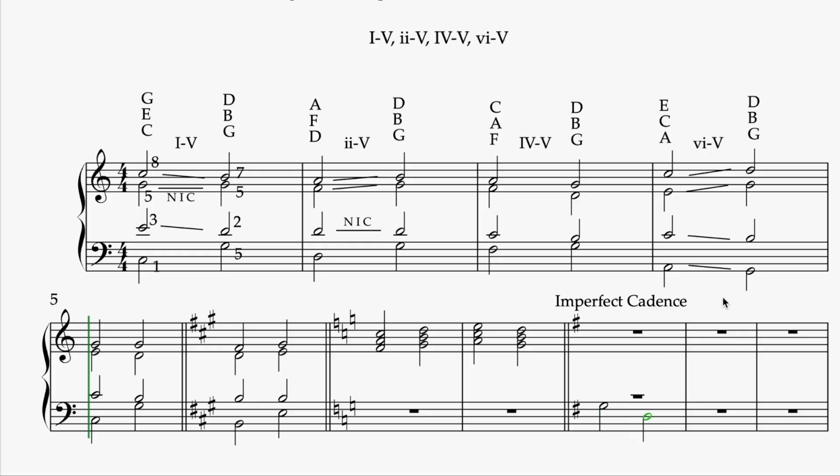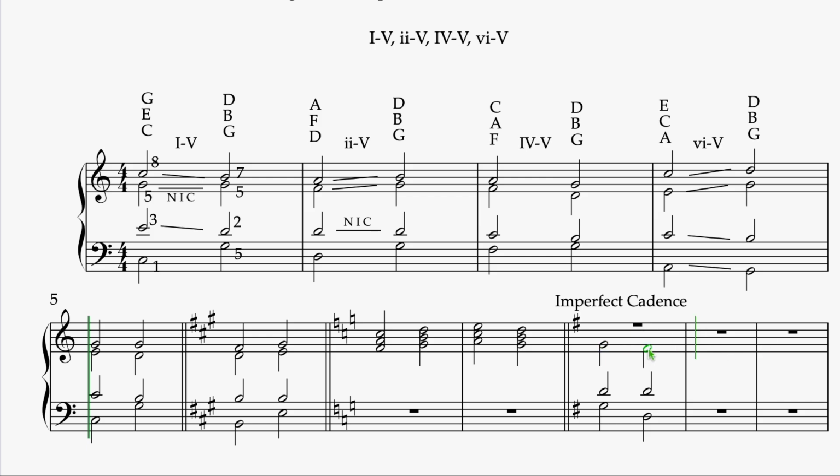Okay. Note in common. Okay. Then the octave is going to be stepping down.